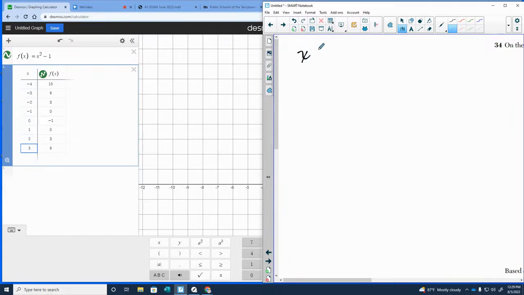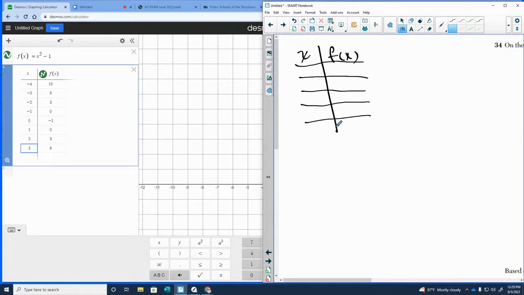I have my x to one side, and there's my f of x. Excuse me if it's not perfectly straight. So I have -3, -2, -1, 0, 1, 2, 3.